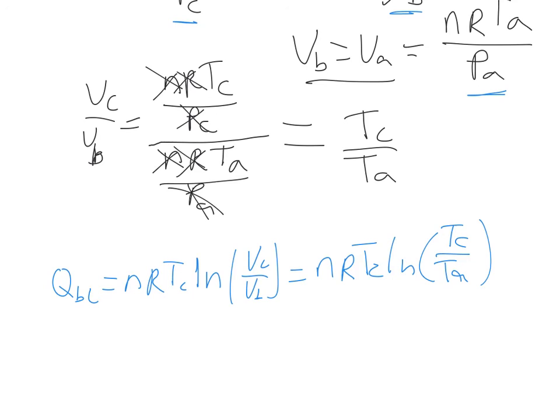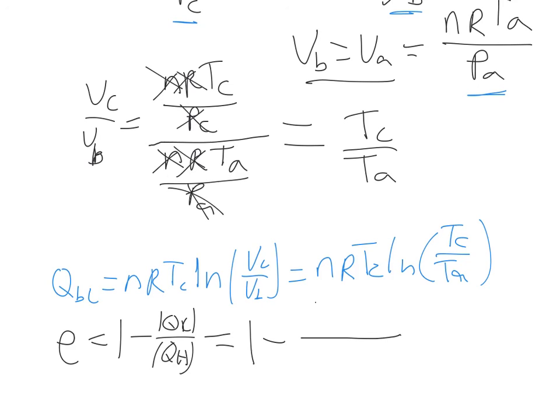Again, we can find our efficiency because it's equal to 1 minus QC over QH, and we now know that QH is going to be QAB plus QBC. So we could rewrite this as 1 minus the magnitude of QCA divided by the magnitude of QAB plus QBC.